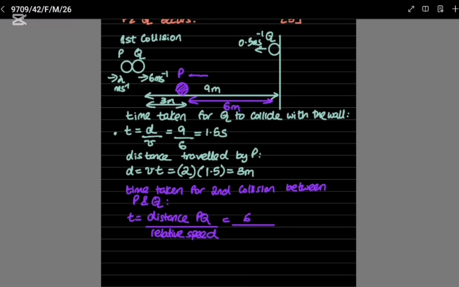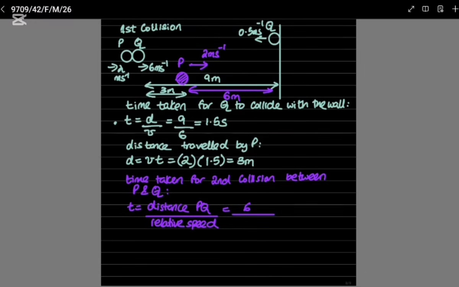By the way, I did not label that on the diagram. It still moves at speed of 2 meters per second, okay. So whenever two objects move towards each other, the relative speeds add up, okay.